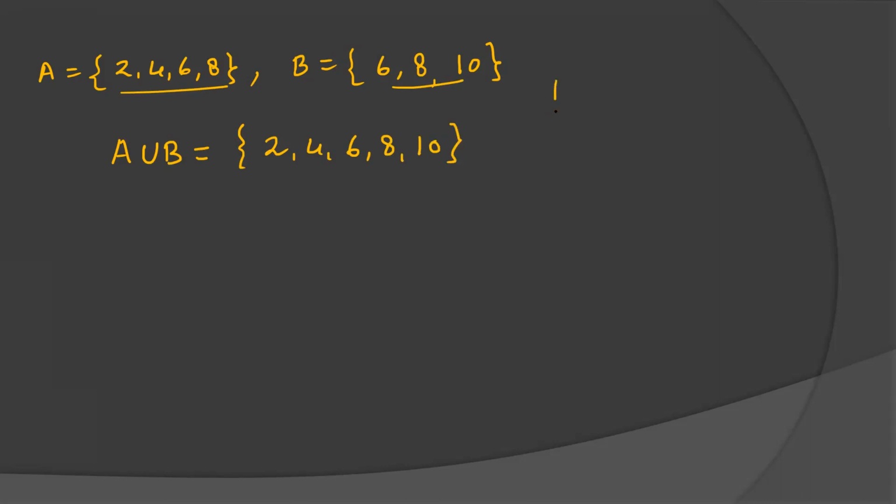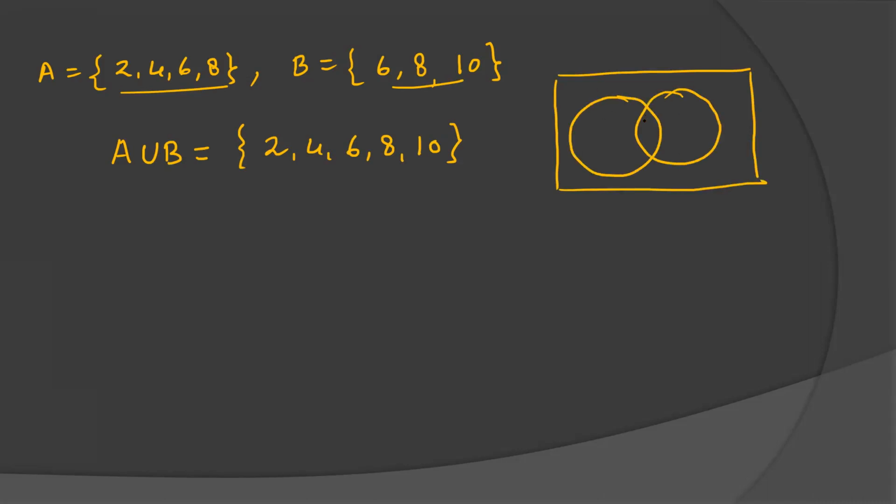So if you represent it here, we have A union B like this. This is set A and this is set B.